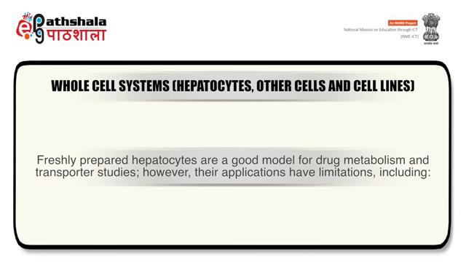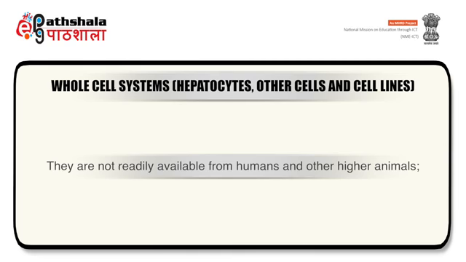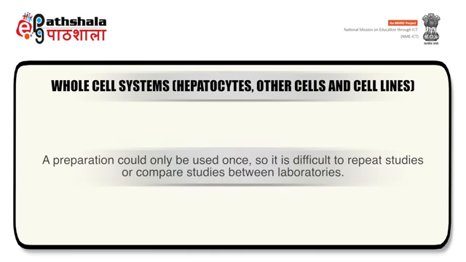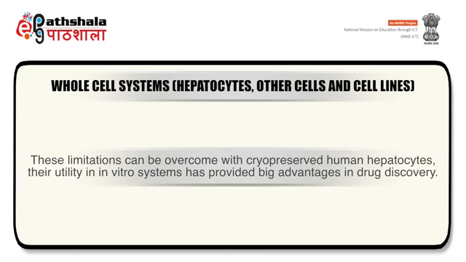However, their application has limitations, including that they are not readily available for humans and other higher animals, and a preparation could only be used once. So it is difficult to repeat a study or compare a study between laboratories. These limitations can be overcome with cryopreserved human hepatocytes. Their utility in the in vitro system has provided a big advantage in drug discovery.